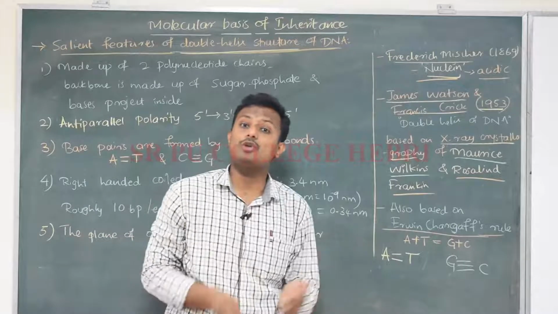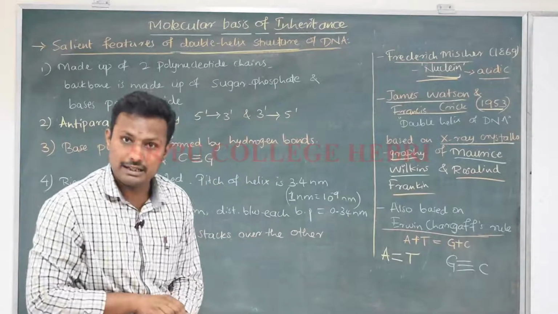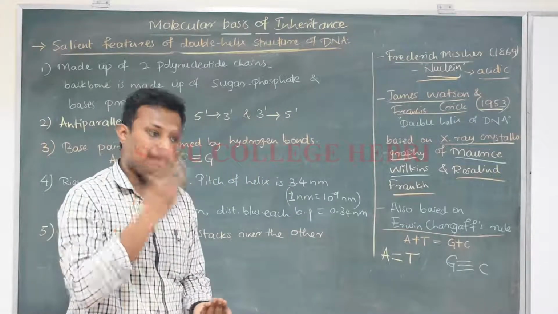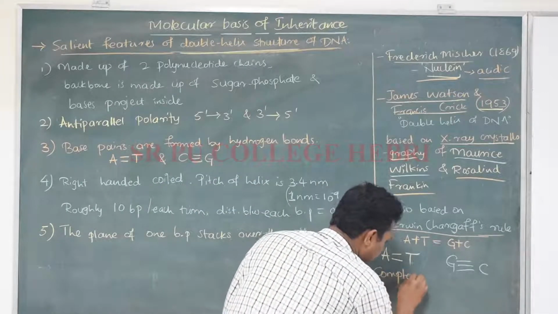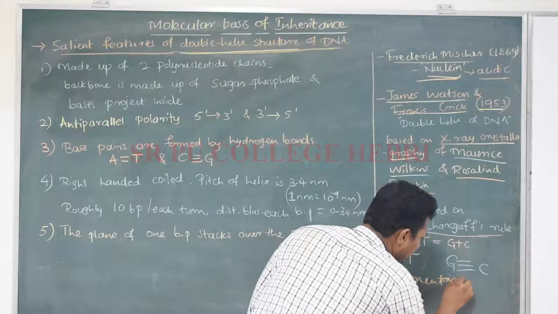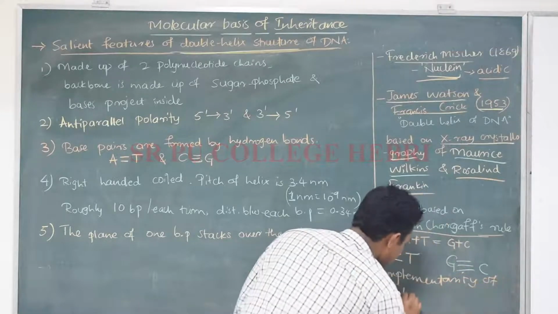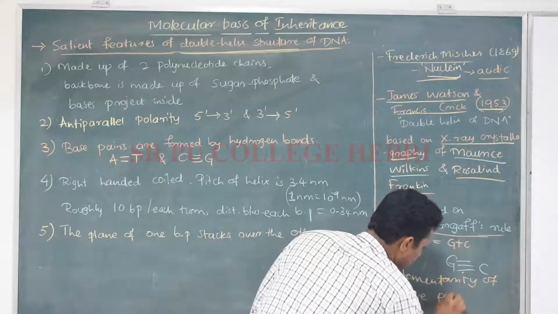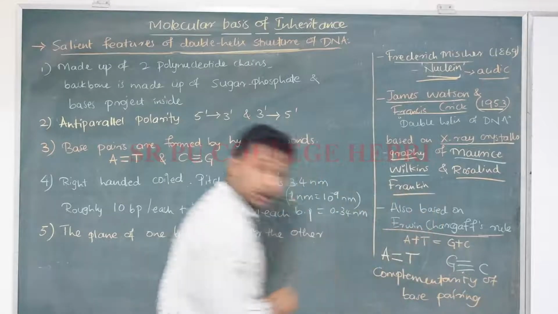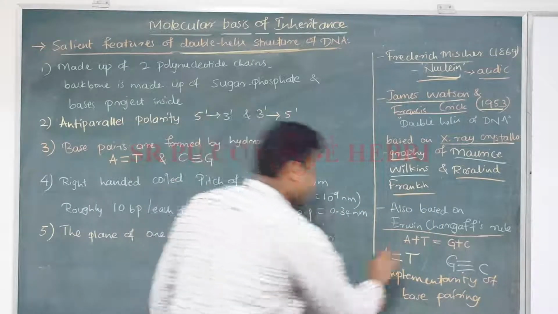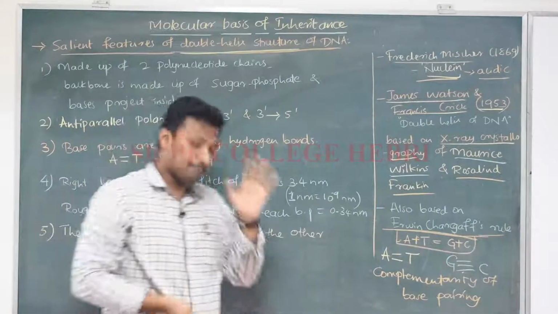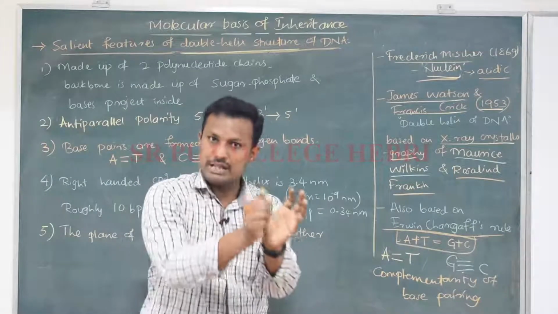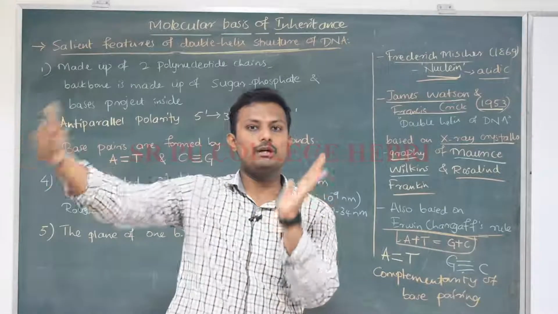This is what is called complementarity of base pairing, right? And not only that, he also suggested that the proportion of the purines is always equal to the pyrimidines.